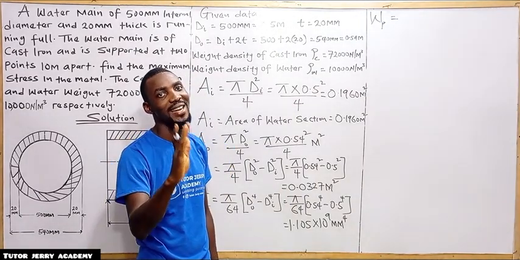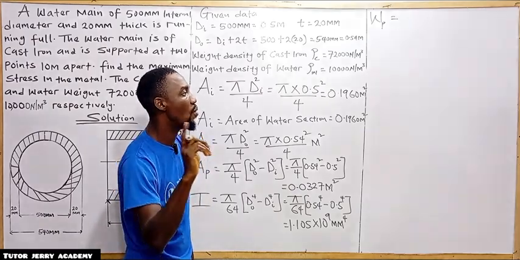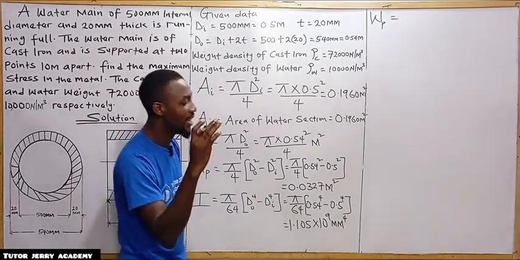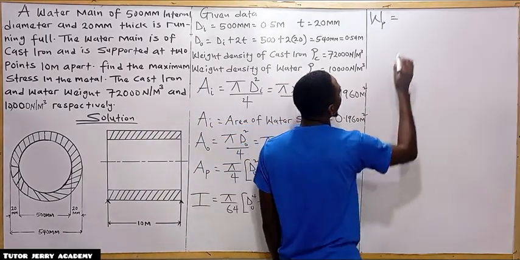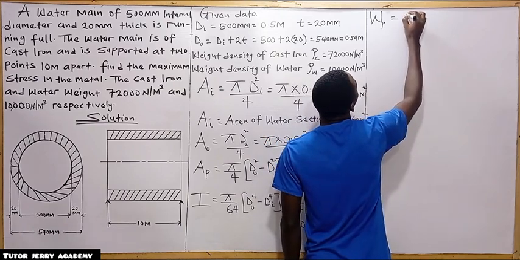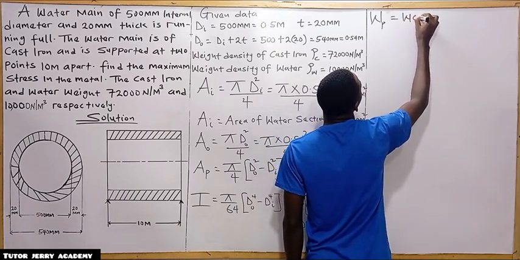That is, we are going to take our length here to be equals to 1. So the weight of the pipe section here is going to be equals to the weight density of cast iron. Let me write this in full.